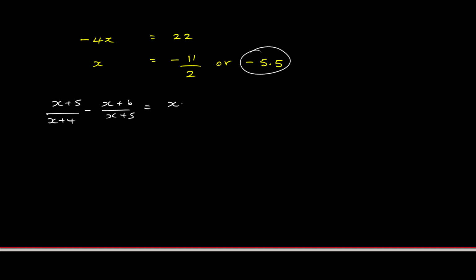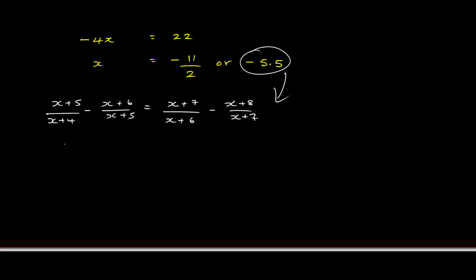Now you see why we left it as a decimal, because this would come in handy. Okay, so let's substitute the negative 5.5 throughout this equation and see what we get.